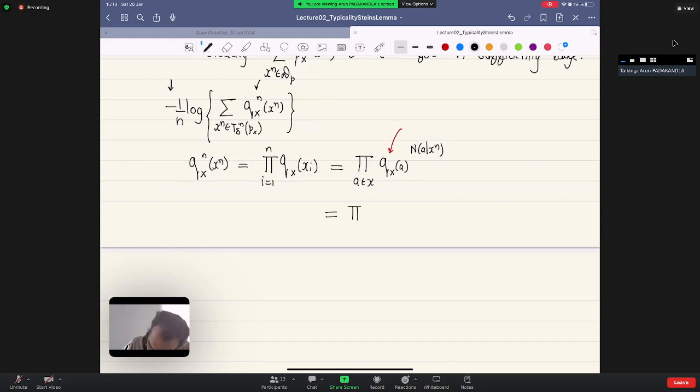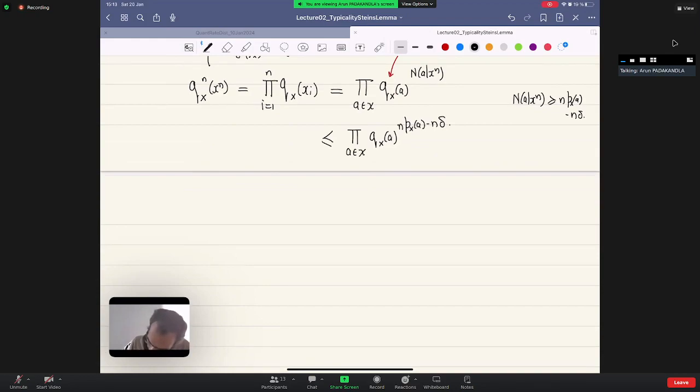So this is the following: the product over a belonging to X of qx of a to the n of a given xn, I know the count is at least n px of a minus n delta, right? So this is n px of a minus n delta.